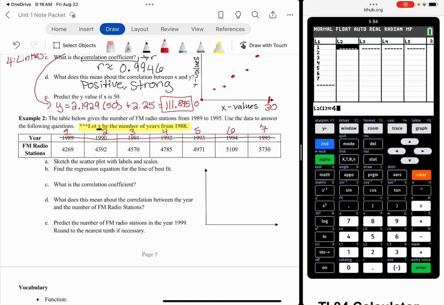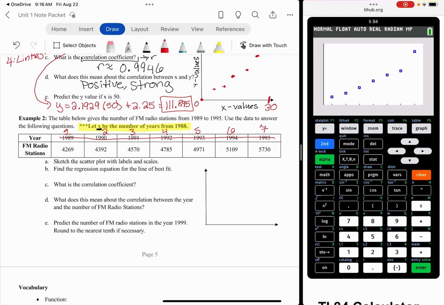All right, and then we have 4,269, 4,392, 4,570, 4,785, 4,971, 5,109, 5,730. Okay, once I have the data entered, I'm going to hit zoom number 9.